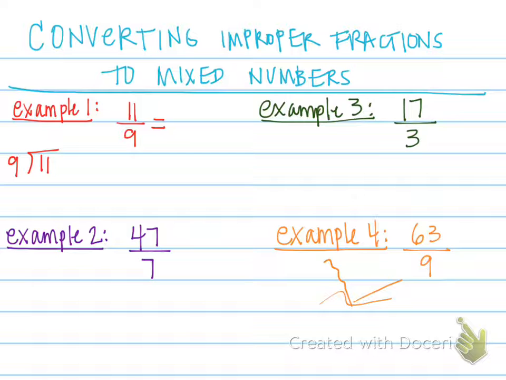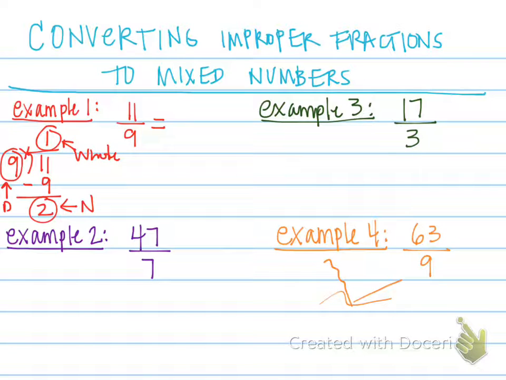Well, I know that 9 goes into 11 one time. 1 times 9 is 9. I'm going to subtract that and I get 2. This number up here is now my whole number.